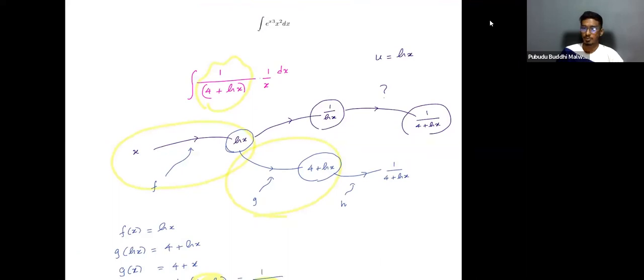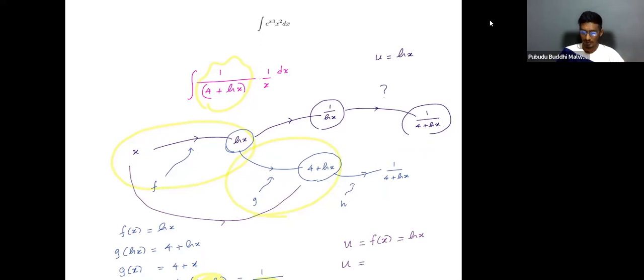In fact, we have 3 options. Either you can use u equals f of x, natural log of x, or u equals this function, 4 plus natural log of x.